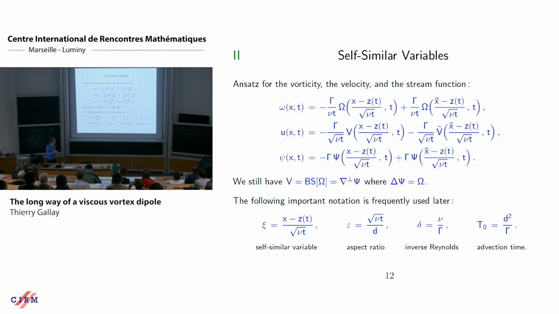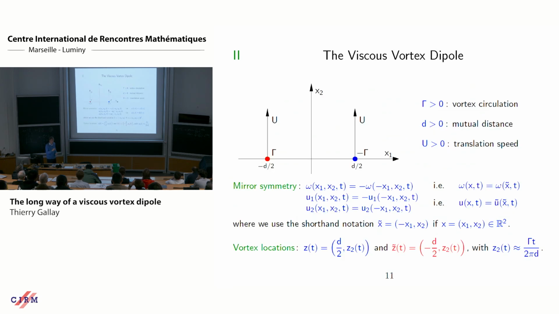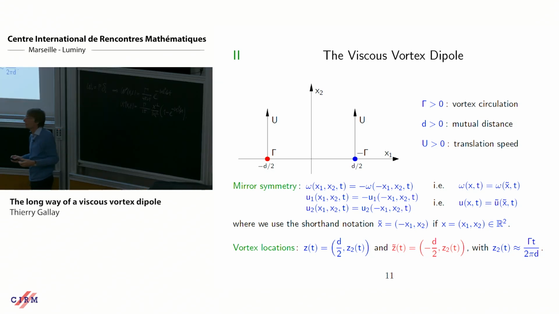So let me try to explain this. This is not so frightening. So what do we do? Okay, we are considering this vortex. This vortex is located here, not at the center of the coordinates, and the typical size at time t is the diffusion length, which is square root of nu t. We have seen here the typical size of this Gaussian blob is square root of nu t, which is the diffusion length.